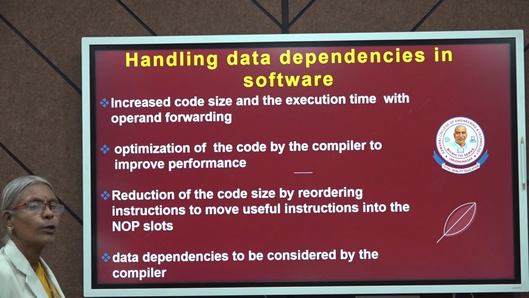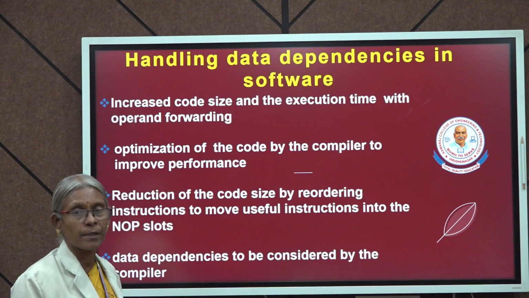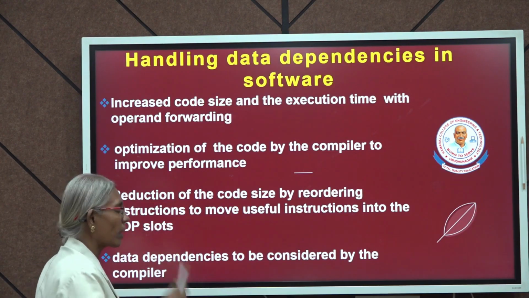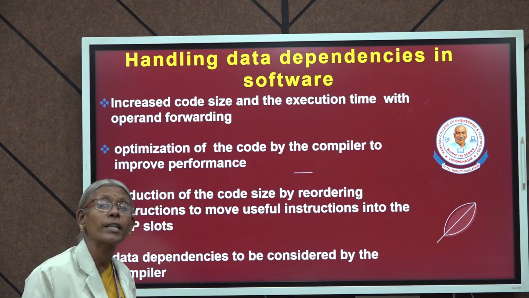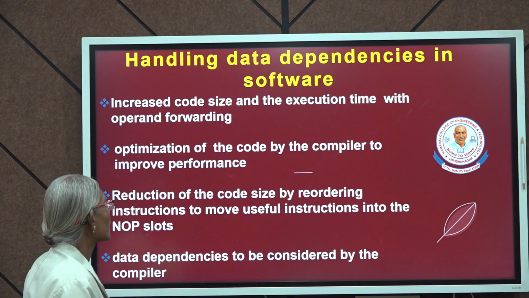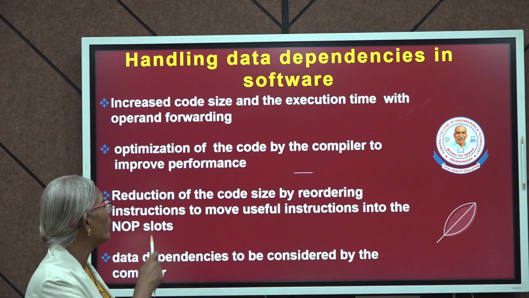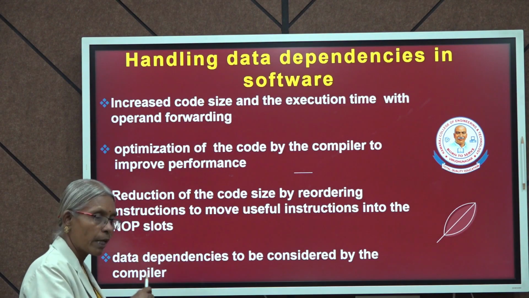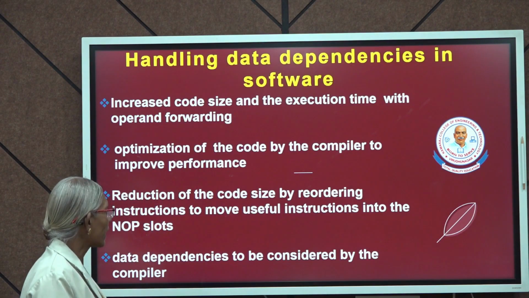But including the NOP operations leads to increased code size. We are including 3 more instructions, and that will be a burden. Automatically the execution time is also increased. So it is required to optimize the code, which will be done by the compiler, so that the performance of the computer will not be decreased.